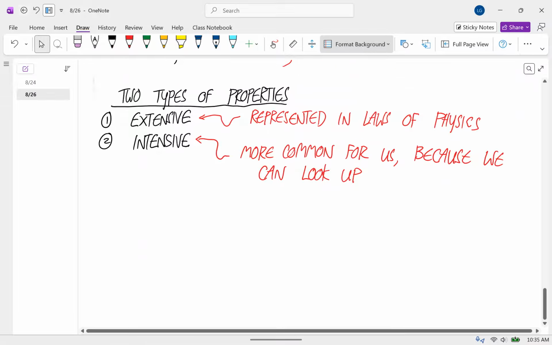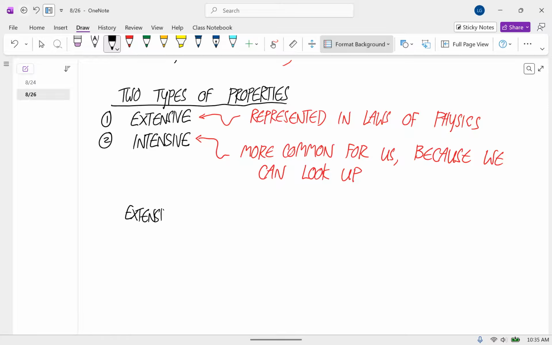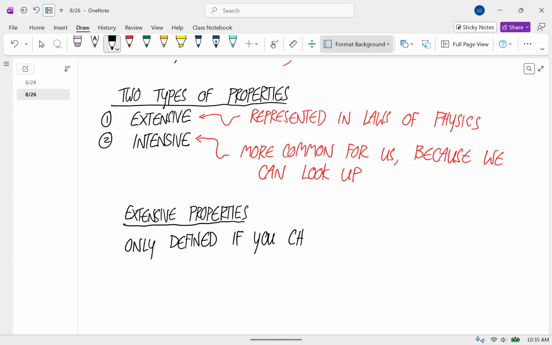Okay, so let me define what an extensive property is. Extensive properties are only defined if you choose an amount of material.